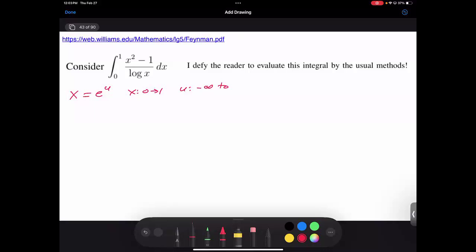When x is 1, u is 0. So this would become the integral from negative infinity to 0. x squared is going to become e to the 2u minus 1, over the log of e to the u, which is just u, du.